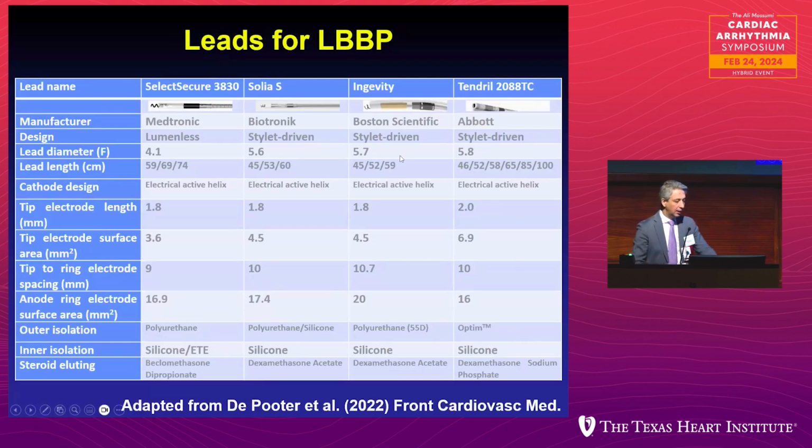Similarly, each company has leads that have been tested for left bundle pacing. Many of you are familiar with the lumenless lead from Medtronic, but there are a number of stylet-driven leads from each of the companies. In fact, Abbott has two leads now.